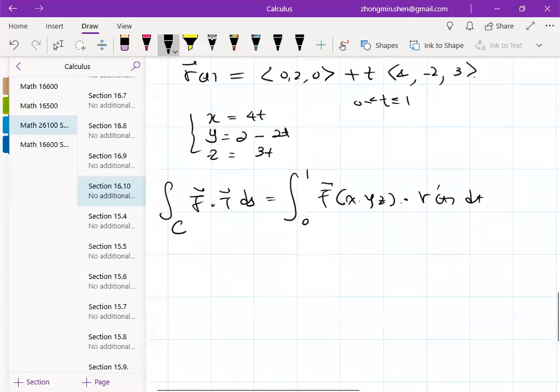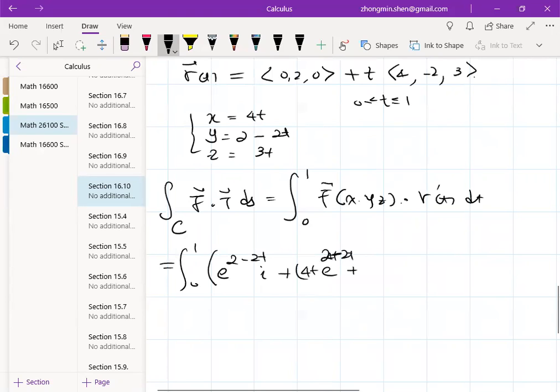So you have x, y, z, right? What is the vector field? It's e to the y i plus, well, x is 4t, e to the y, where y is 2 minus 2t. It's complicated.